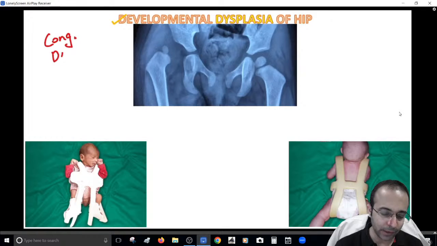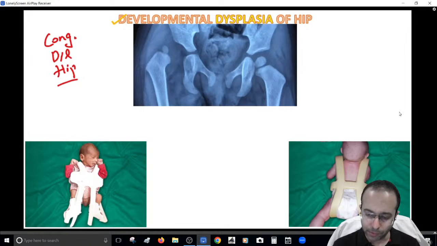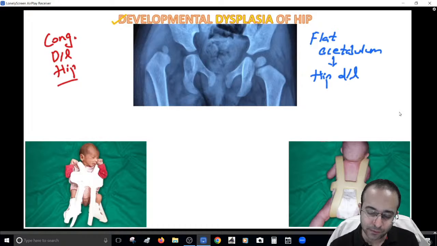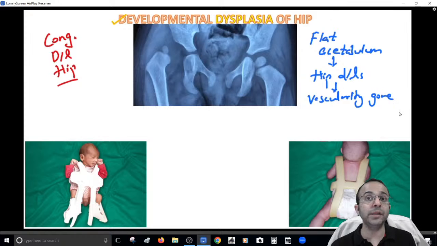that you guys better know as congenital dislocation of the hip. The problem here is that by development there is a flat acetabulum. Now since the acetabulum is flat, the hip dislocates. The vascularity of the hip is gone because the ligamentum teres breaks, the obturator system is gone, and in young children obturator system is the main system.